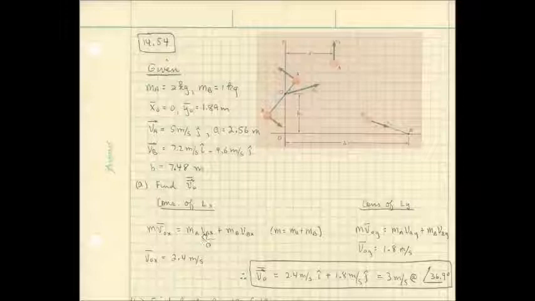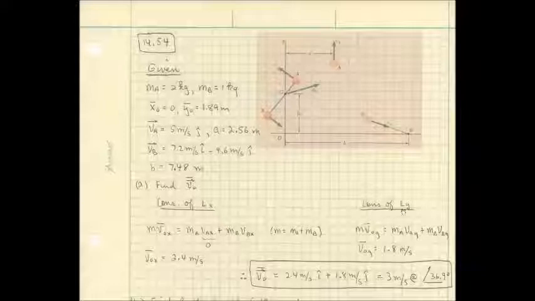From this, VAX is 0 afterwards, so this will give us a value for V naught x, because we know VBX is 7.2 times the 1 kilogram mass, and we divide that by m, which is 3 kilograms, and we get 7.2 divided by 3, which is 2.4 meters per second. So that's the x component of the center mass velocity.